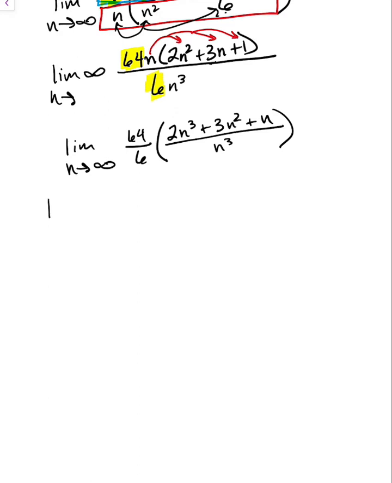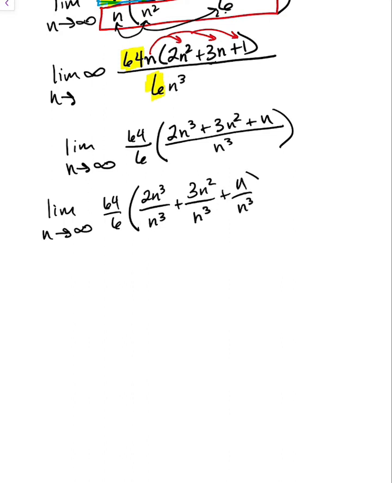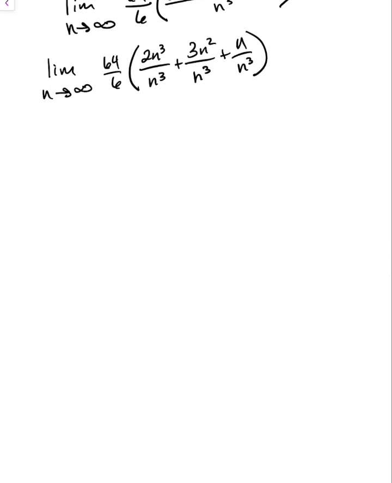Yes? So then my simplified limit as n approaches infinity is 64 divided by 6, and now I can separate these two. I'm going to have 2n cubed over n cubed plus 3n squared over n cubed plus n divided by n cubed, close parentheses.